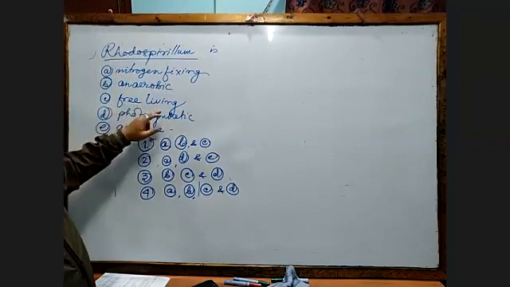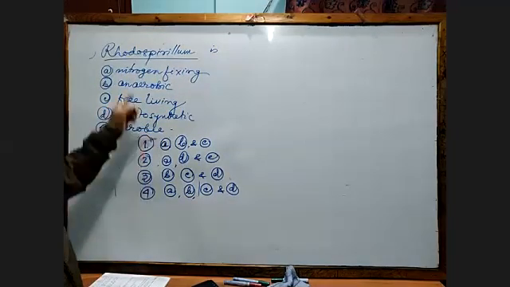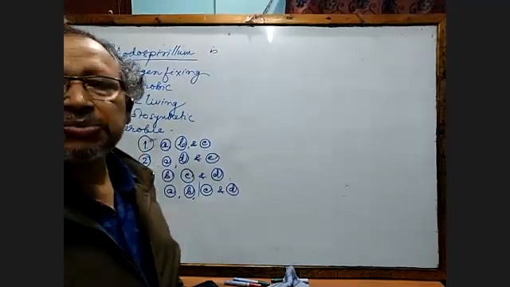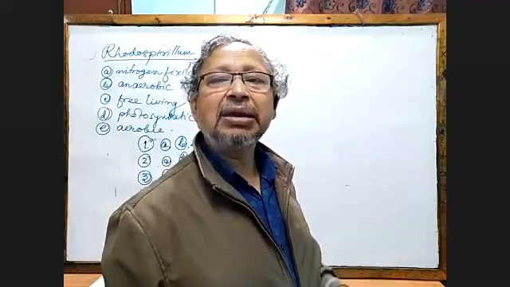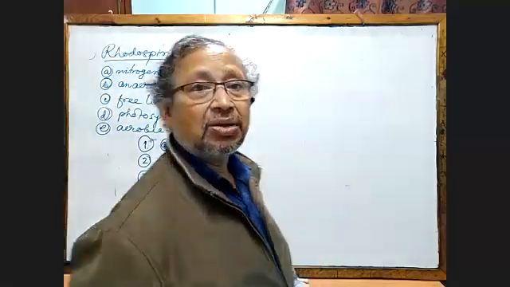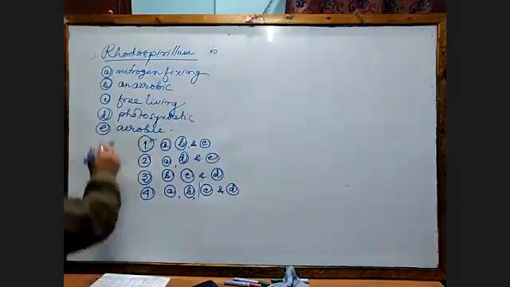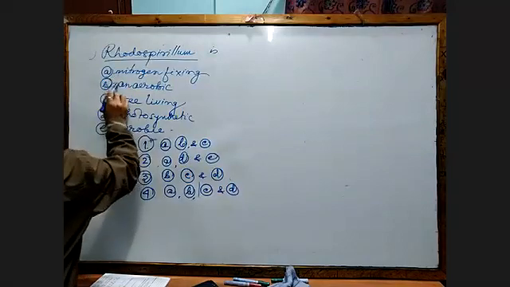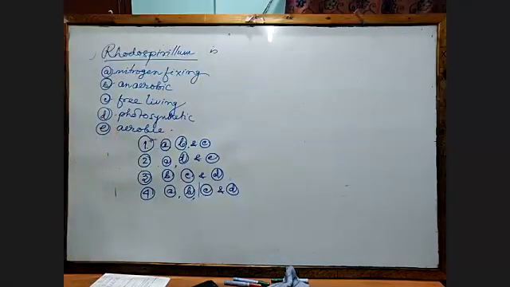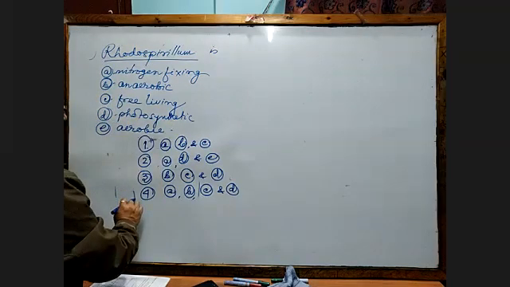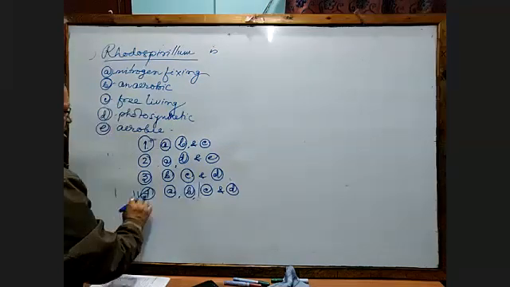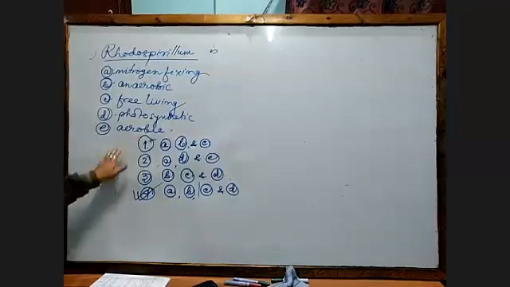It lives independently, but at the same time, Rhodospirillum is a green bacteria and it carries out photosynthesis. So all these four characters, nitrogen fixing, anaerobic, free living, photosynthetic, are correct. So our answer is option number 4.